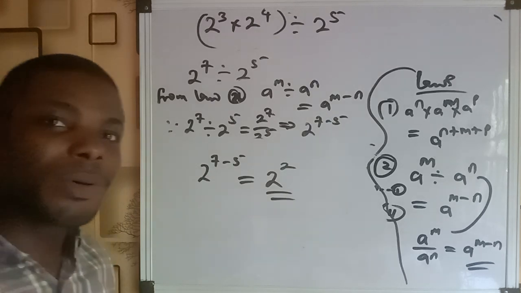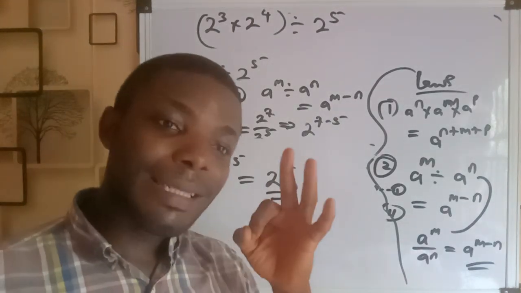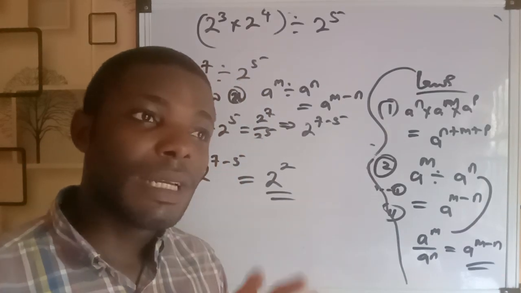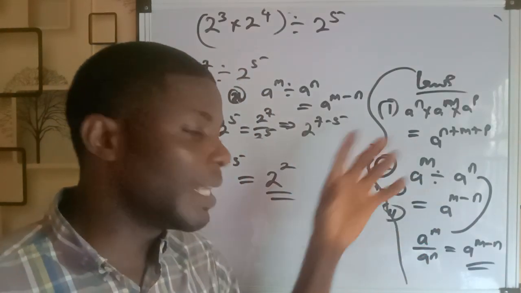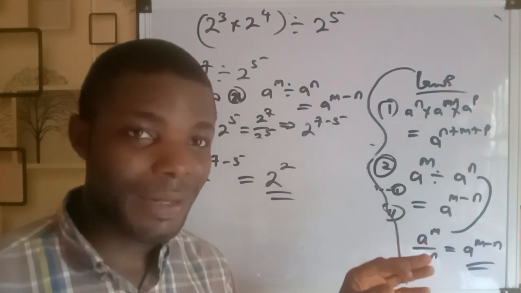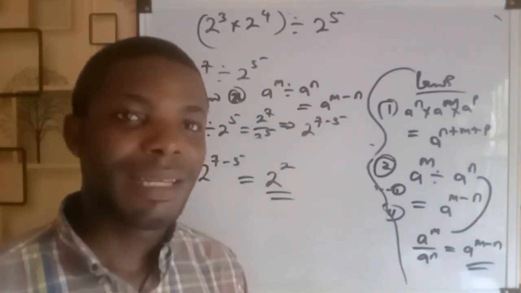All you need to know is first understand the laws. Know that there are laws of indices. A lot of students in secondary school don't know about indices. If you don't know what indices entails, it will be hard for you to solve a problem like this.